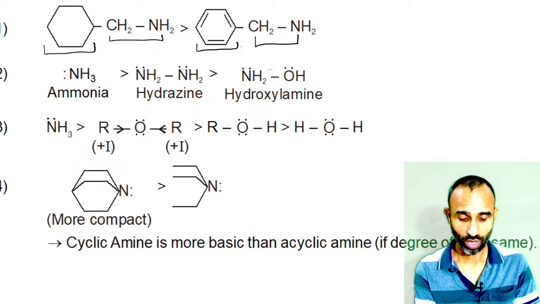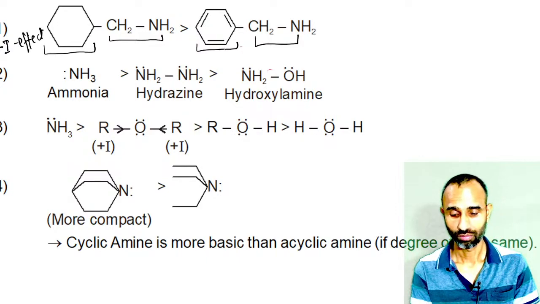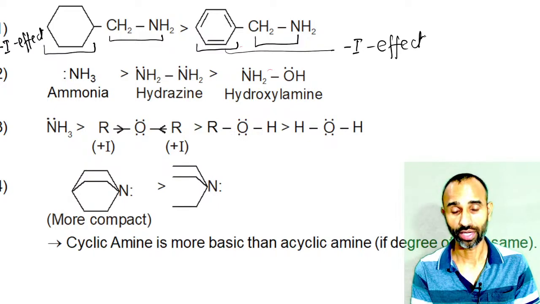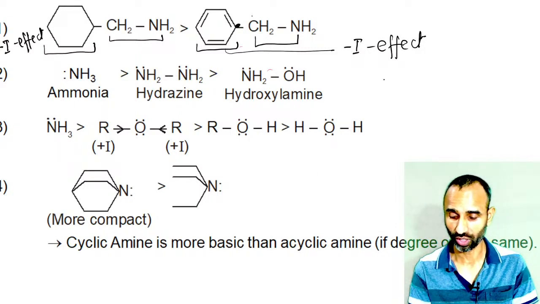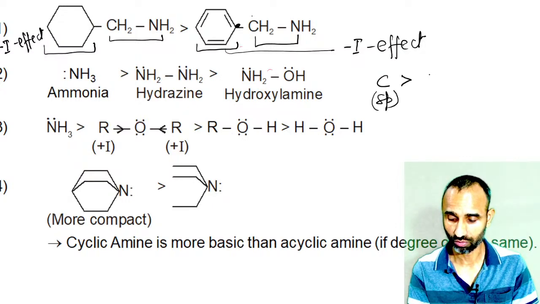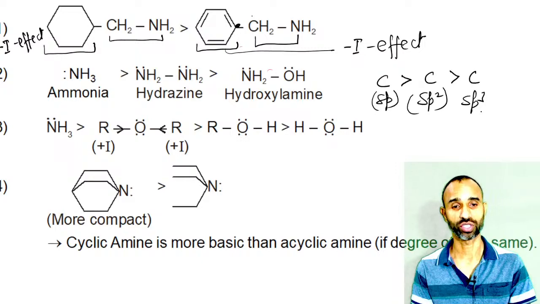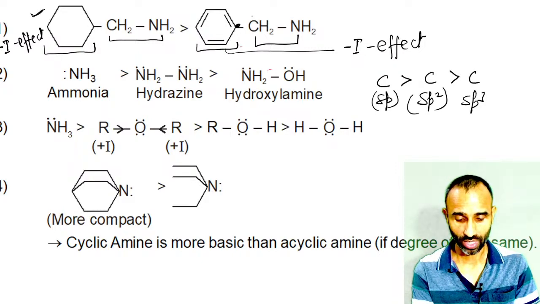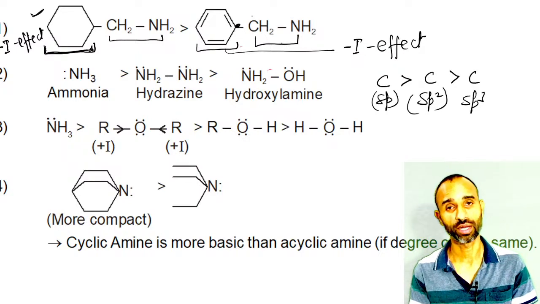So cyclohexyl has plus I effect, but phenyl group has negative I effect, because here carbon is sp2 hybridized, this carbon is sp3, and you know sp hybridized carbon is more electronegative than sp2 hybridized carbon, which in turn more electronegative than sp3 hybridized carbon. So cyclohexylamine containing primary amine is more basic than this benzylamine.